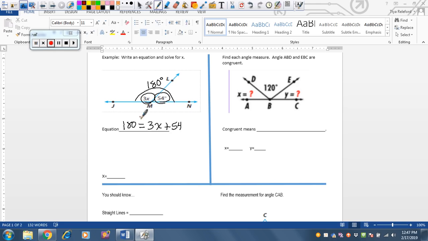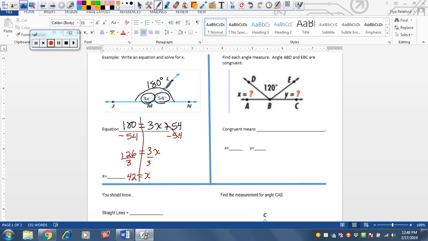Now you know how to solve equations. You're going to subtract first, rewrite the whole thing, divide by 3, don't trust me, double check me on that, I'm not sure if that's correct.